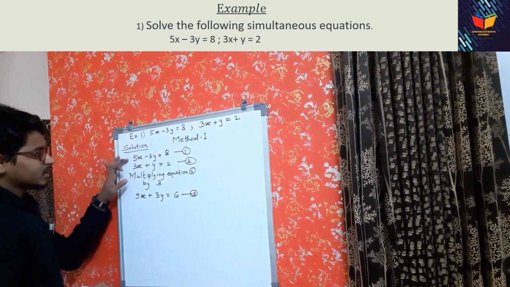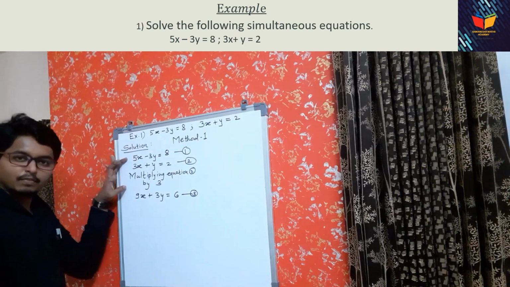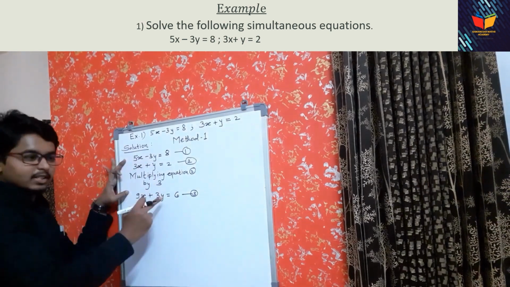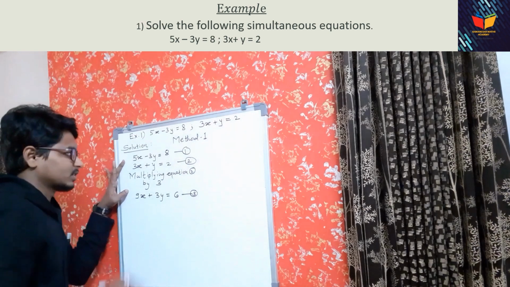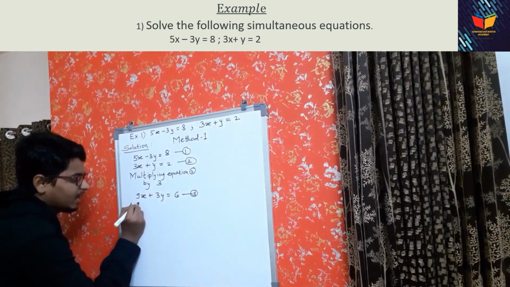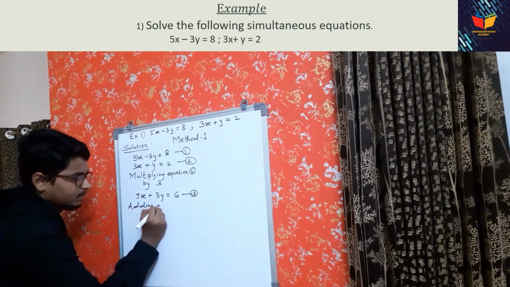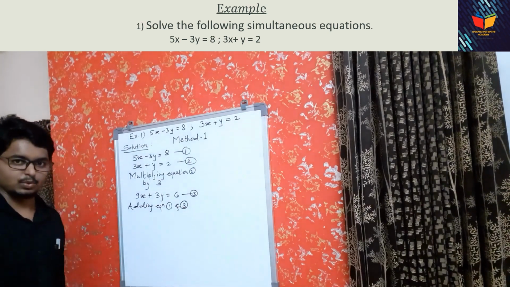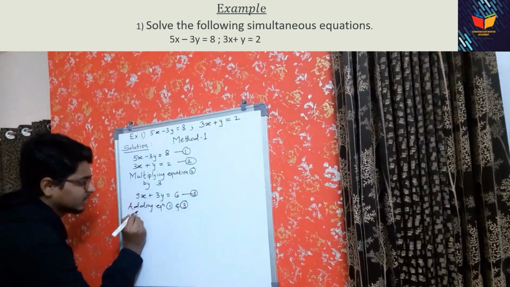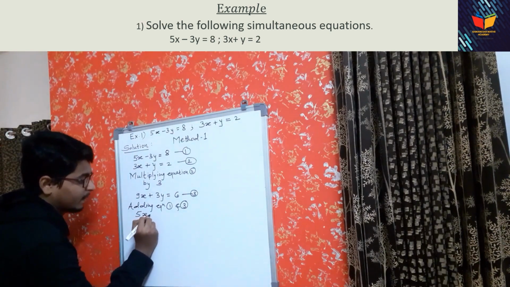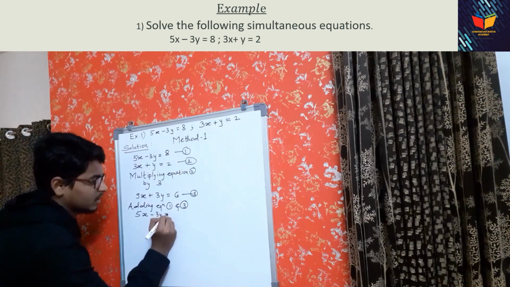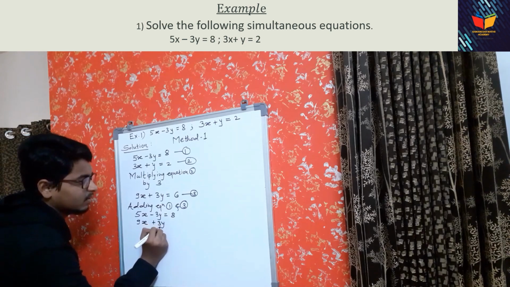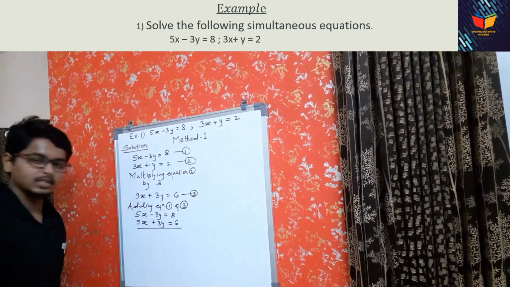Now equation 1 and equation 3. If we add equation number 1 and equation number 3, we can eliminate this y from both the equations. So adding equation 1 and 3, let's see what happens. 5x minus 3y equal to 8 and 9x plus 3y equal to 6.